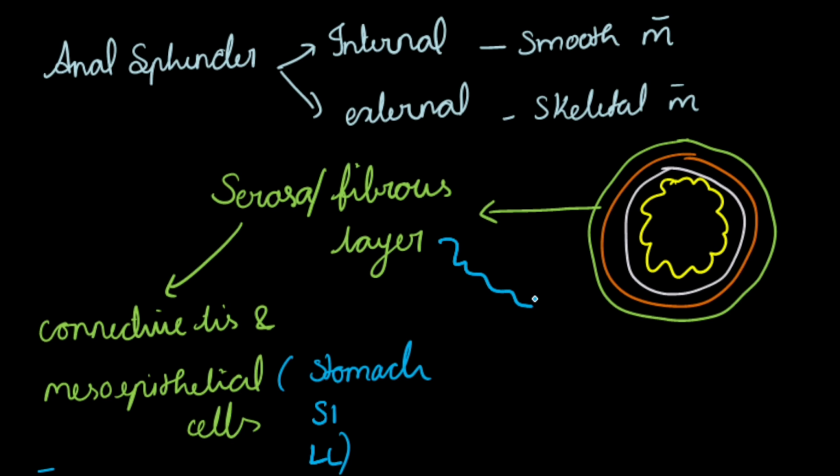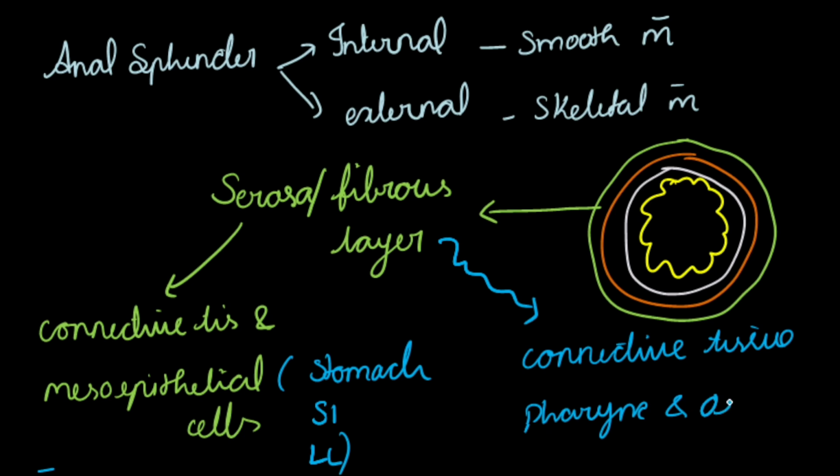And this fibrous layer is made of connective tissue, and it is seen in the pharynx and esophagus. So regarding the serosa or fibrous layer, which is the outermost one, the serosa layer is made of connective tissue and mesoepithelial cells, which is seen in the stomach, small intestine, and large intestine. And this fibrous layer is made of connective tissue, and we can see that in the pharynx and esophagus.